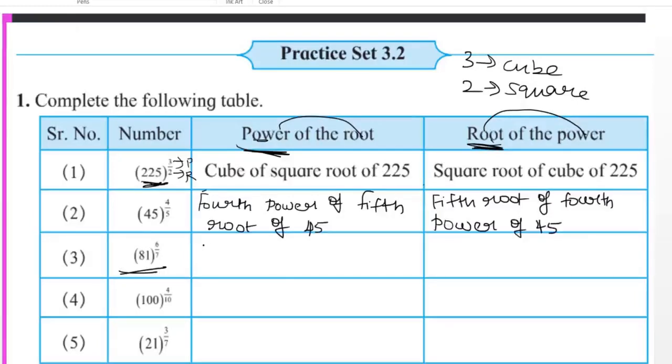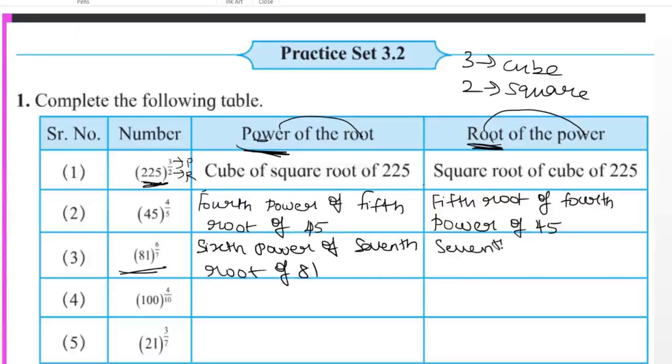What about this sum? So here what we can do? First it is power. So sixth power of seventh root of 81. So here what will happen? Seventh root of sixth power of 81.